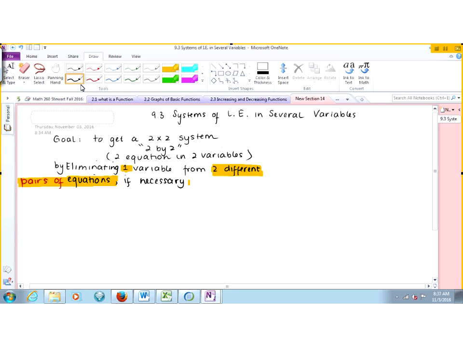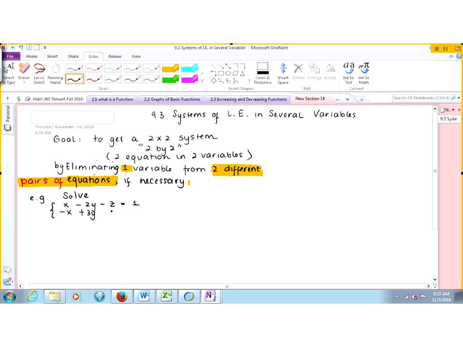All right. So, for example, solve x minus 2y minus z is equal to 1.